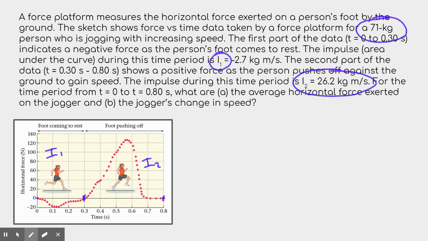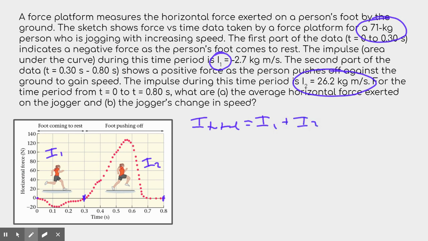We have been given quite a bit of information in this problem, so it's actually going to be more straightforward than you would think. They told us what the impulse is for part 1 and for part 2. So to figure out the total impulse so that we can go on to calculate the horizontal average force, we'll just say I1 plus I2.